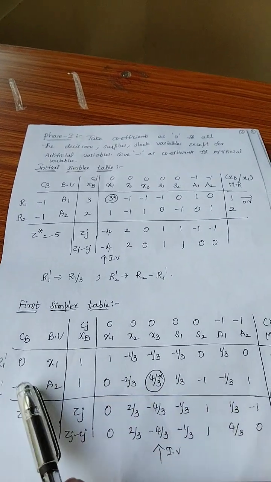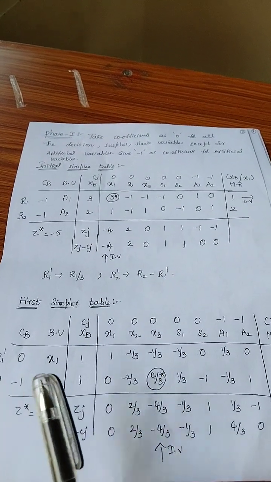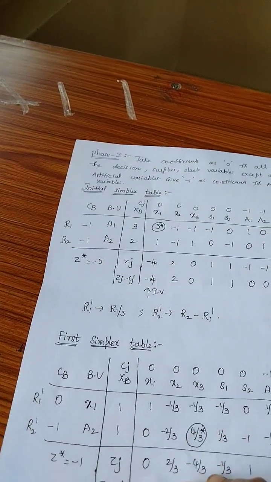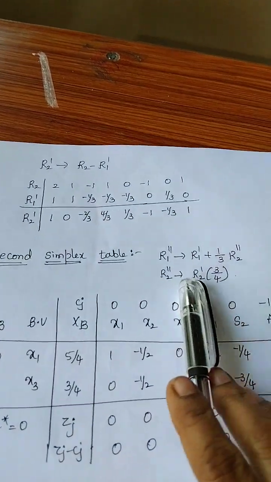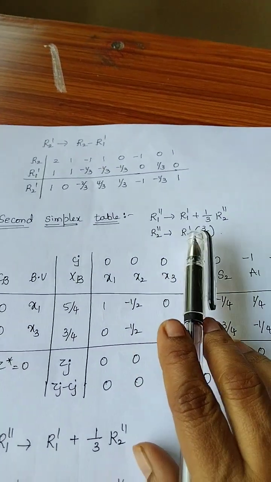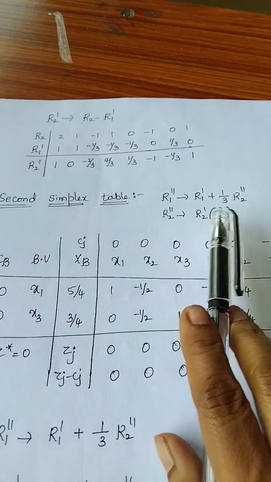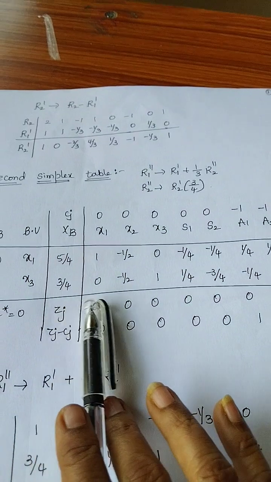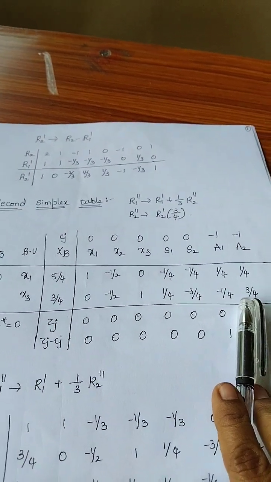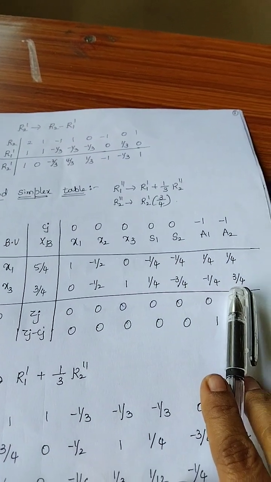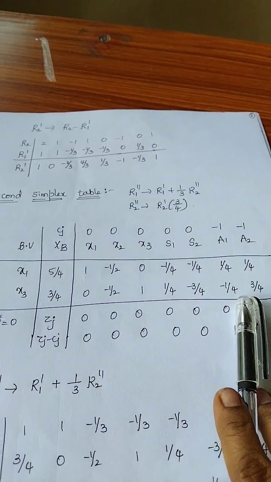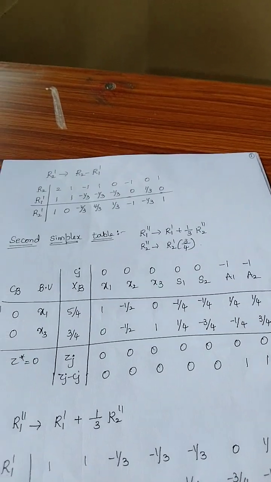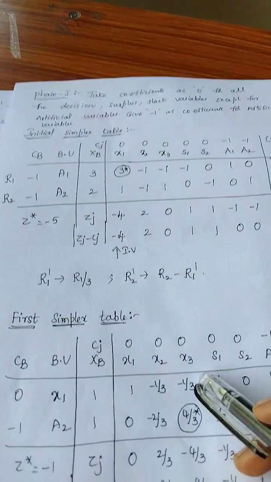That's why R2 double dash is replaced by R2 dash into 3 by 4. That is the new row operation. After multiplying, you get this new row: 3 by 4, 0, minus 1 by 2, 1, 1 by 4, minus 3 by 4, minus 1 by 4 and 3 by 4. Now, here, to make it 0, you have minus 1 by 3.